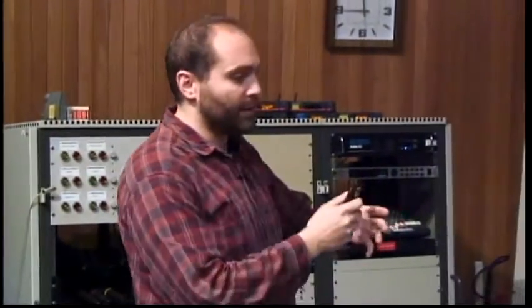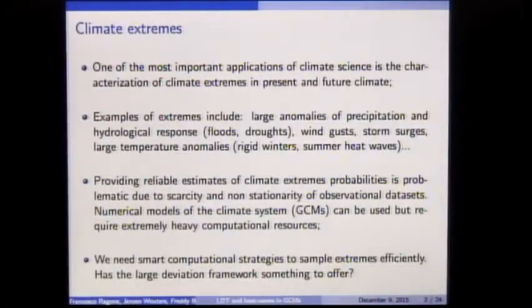Examples of extremes: this word "extreme" means everything and nothing. You have a really wide range of phenomena that can be described in this way. You can go from very localized events like, a few years ago there was a very big storm over the city of Genoa in Italy, in which in 6 hours it rained about half of what normally rains in 1 year. So that was a very localized event in space and time.